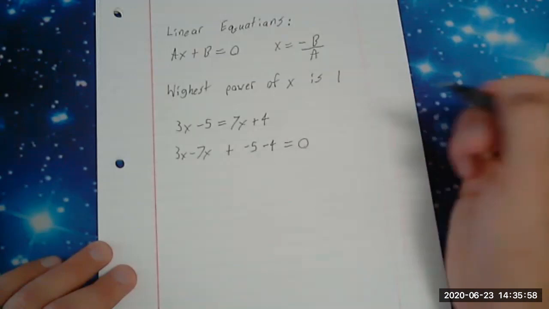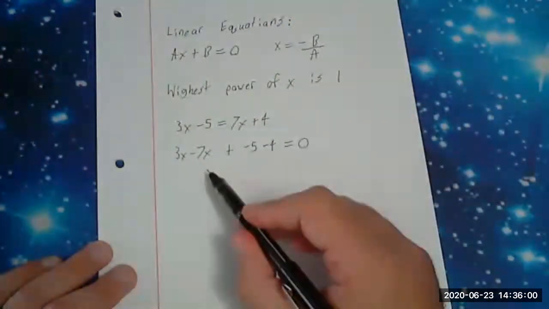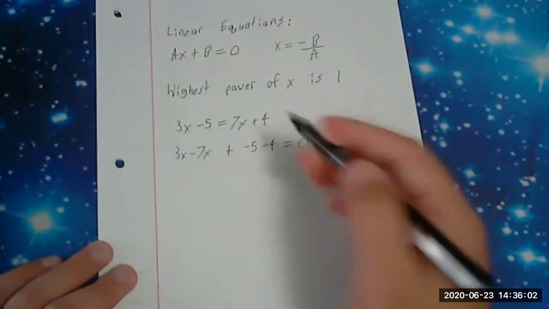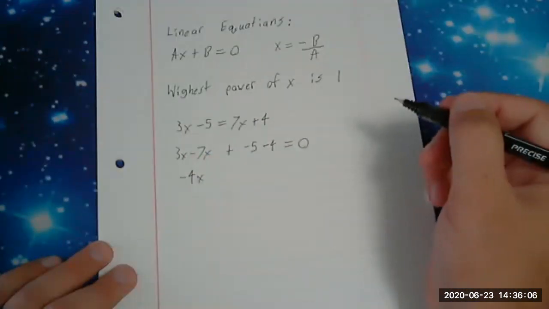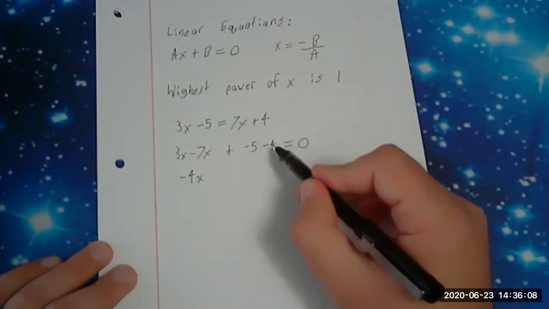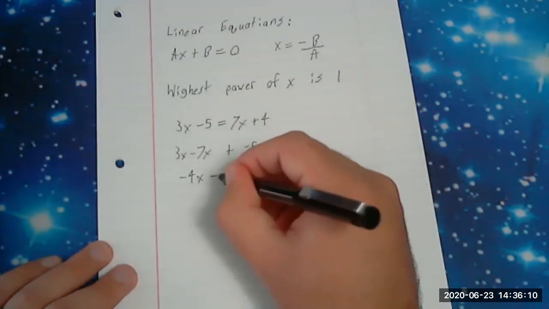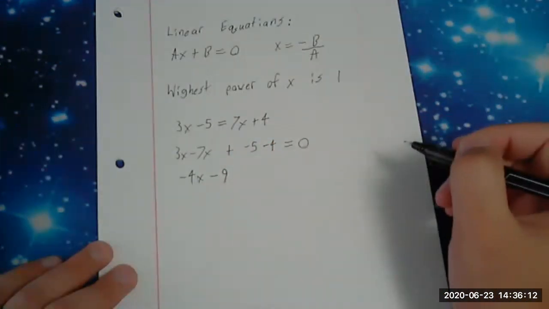So 3 minus 7 is negative 4x, and negative 5 minus 4 is minus 9.